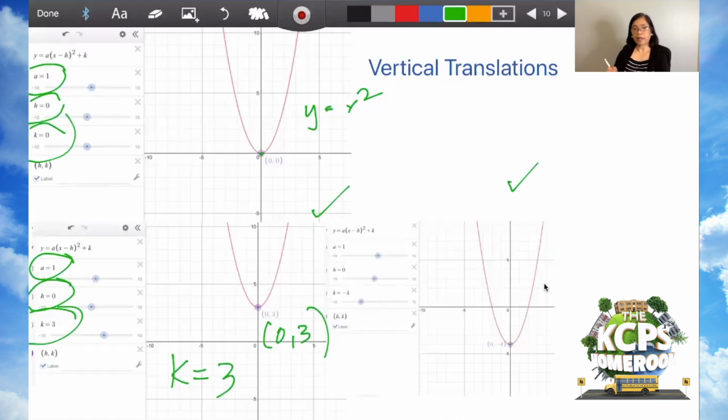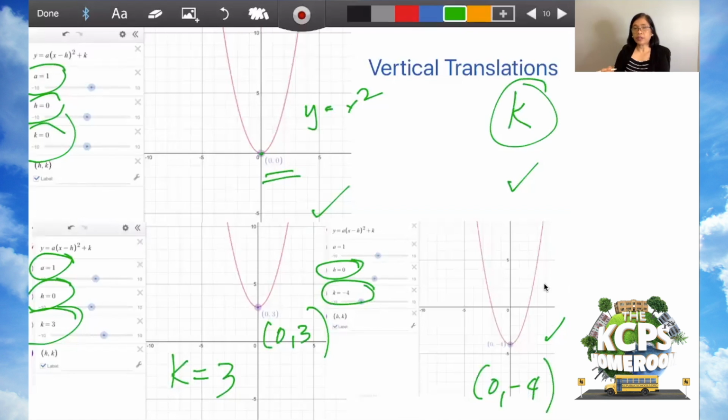And on the last graph here, we change our value. Again, your h is still 0, but your k is -4. You compare this. This is at 0, 0. Now, this is at the point 0, -4. So it's actually the value of k which affects the transformation. Also, notice the change in the coordinates of the vertex, 0, 0 to 0, 3 and 0, -4.